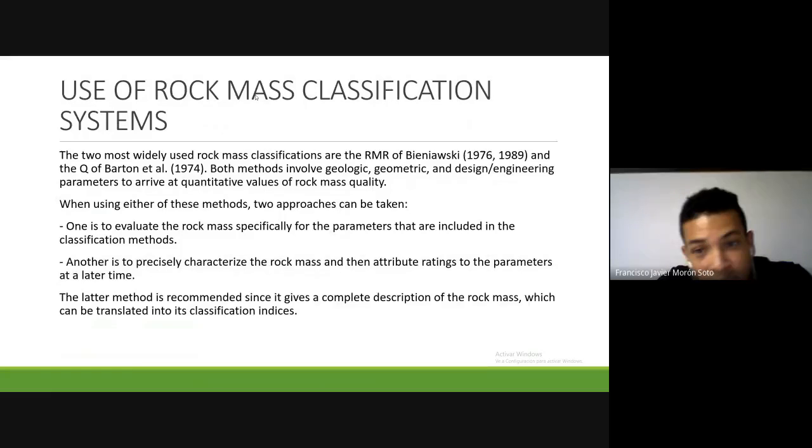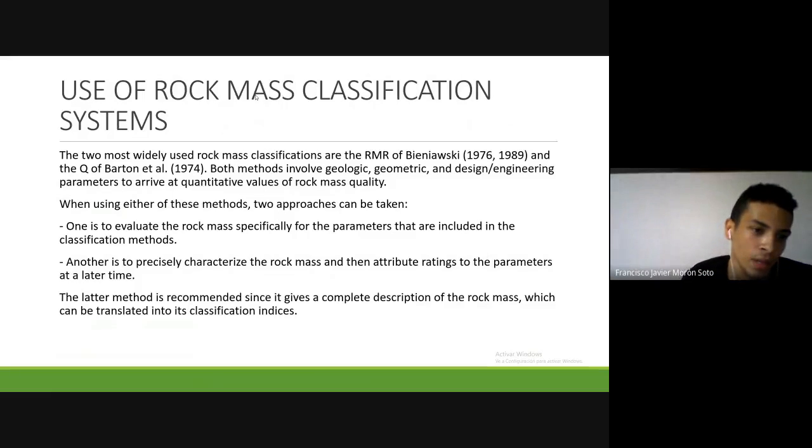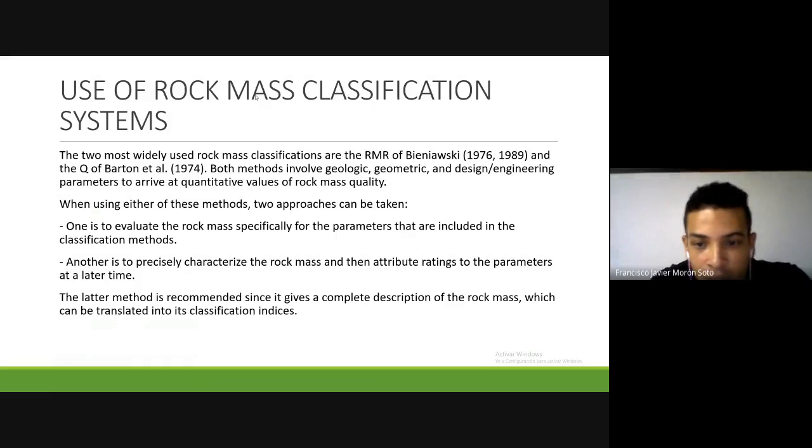The use of rock mass classification systems. The two most widely used rock mass classifications are the RMR of Bieniawski and Q-Barton. Both methods involve geological, geometric, and design engineering parameters to arrive at a quantitative value of rock mass quality. When using either of these methods, two approaches can be taken.